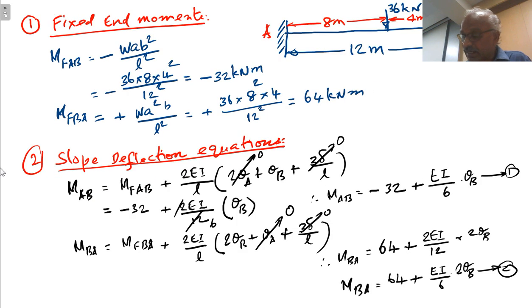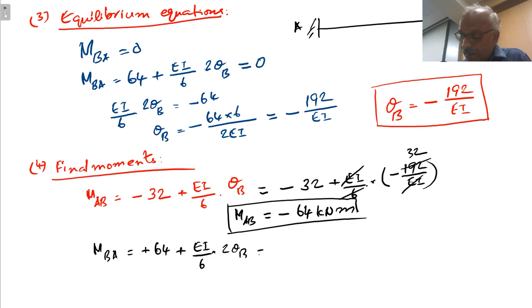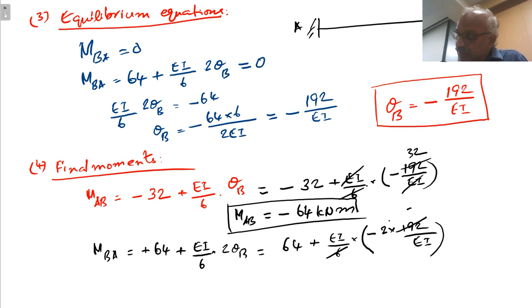Going back to the previous page, we find MBA equal to 64 plus EI by 6 into 2 theta B. Substituting theta B equal to minus 192 by EI, 2 into 2 theta B, EI gets cancelled, and this will become 32.